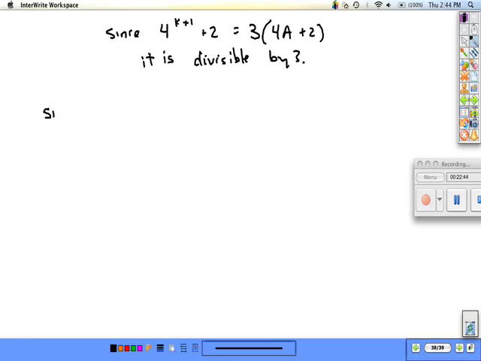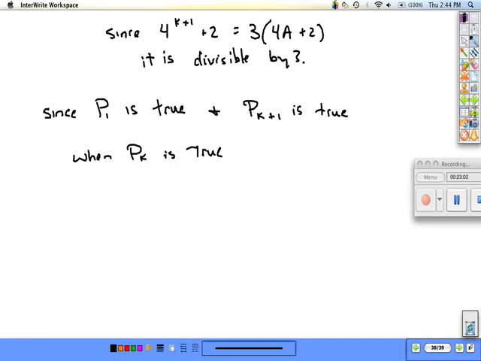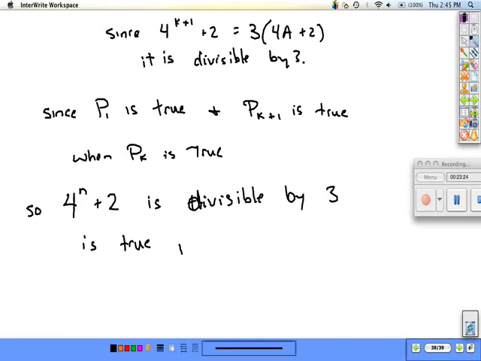And now, since P1 is true and pk plus 1 is true when p sub k is true, our claim, I'll write it out this time, 4 to the n plus 2 is divisible by 3, it's true by math induction.